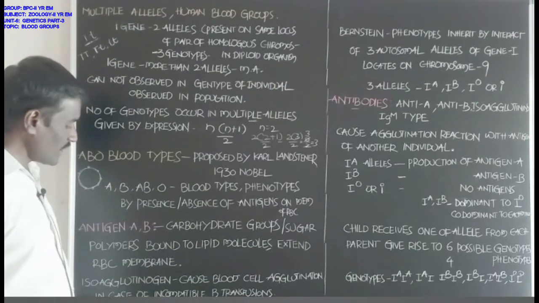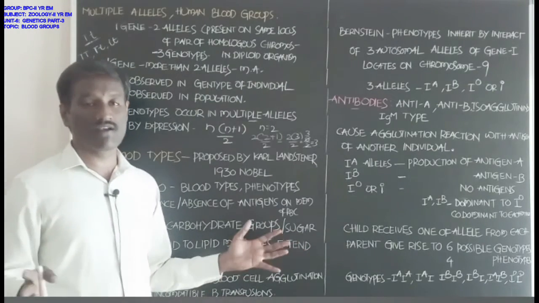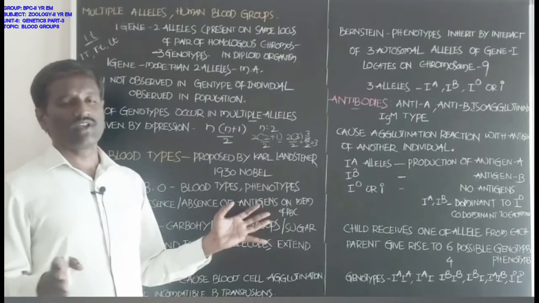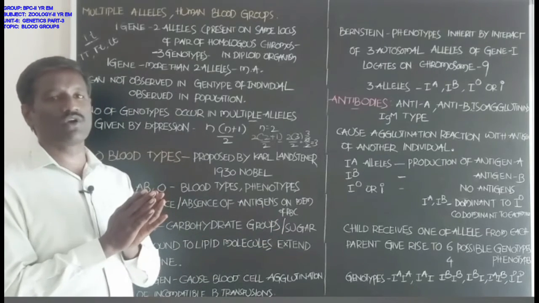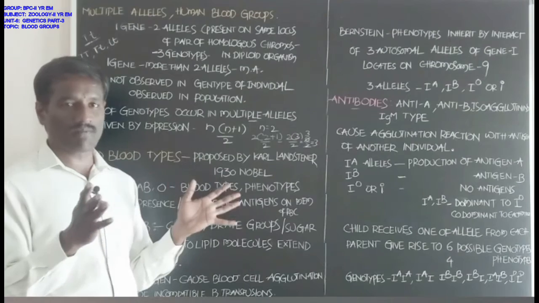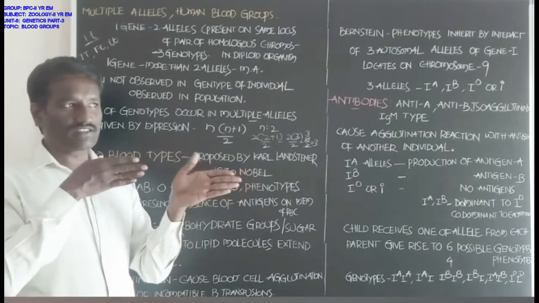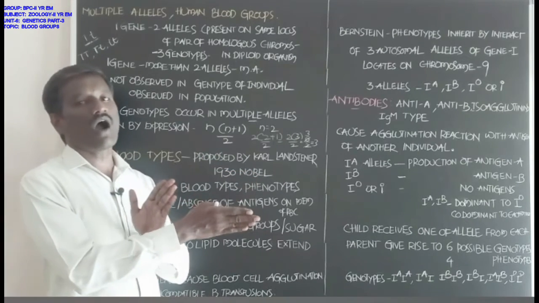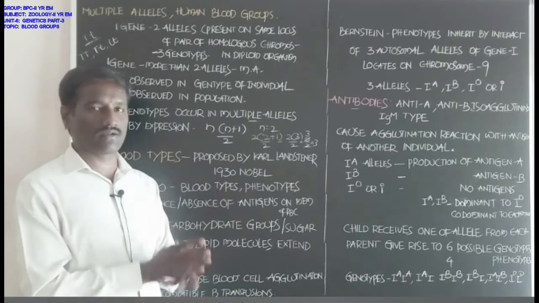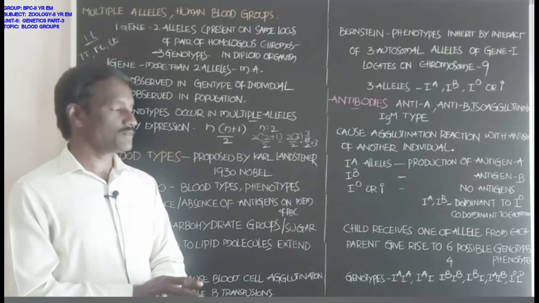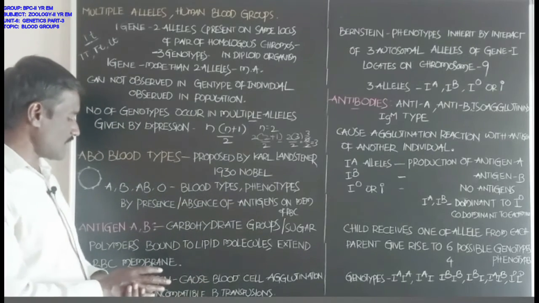Okay, student, in case of incompatible blood transfusion, the blood cells go to agglutination or clotting.